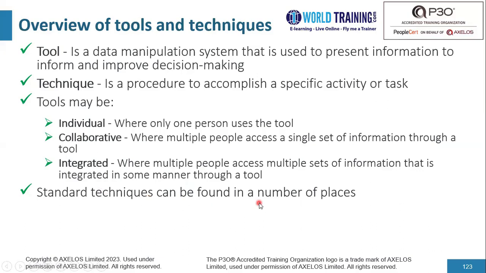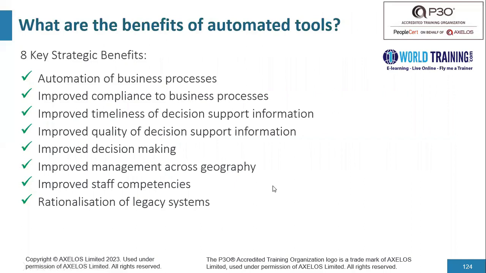And let's consider what are the benefits of automated tools. There are 8 strategic benefits of automated tools. Let's look into the list of the 8 over here. The 8 benefits are, it helps in automation of business processes. It improves compliance to business processes.